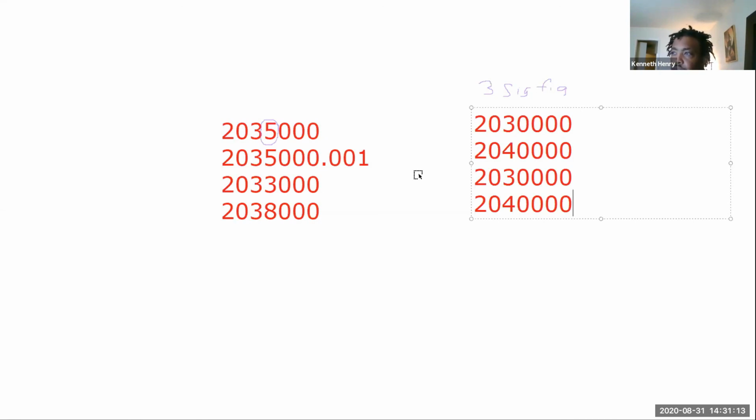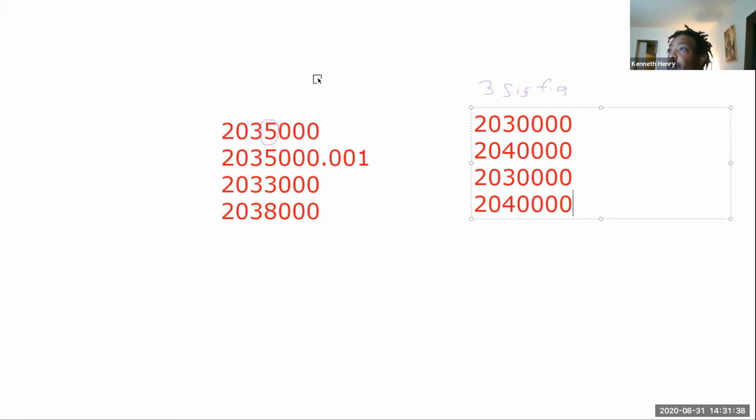Here, since there are numbers trailing the 5, we have 1.0001 trailing it, so in that case, we're going to round up. That'll be 2040000.